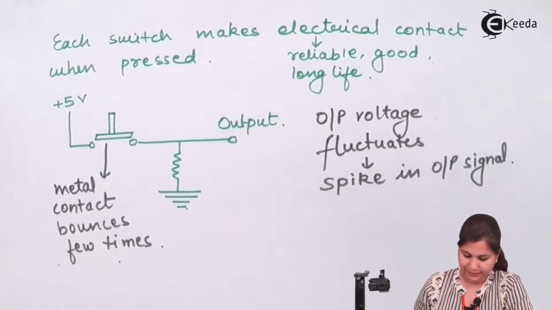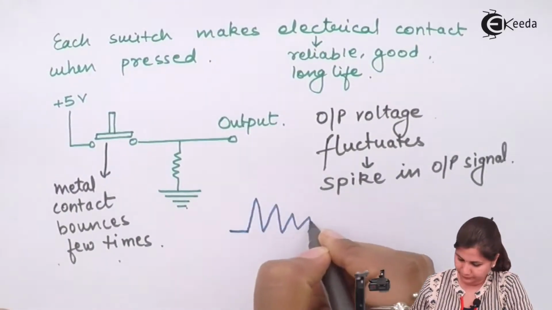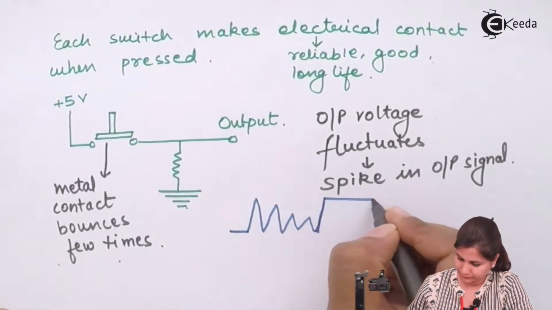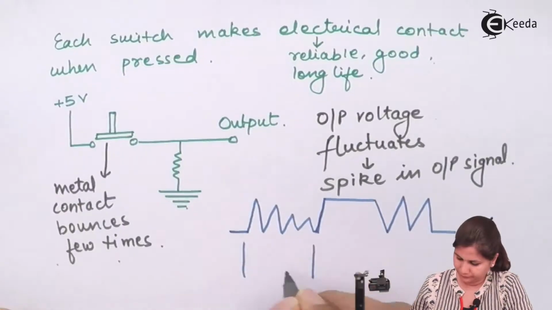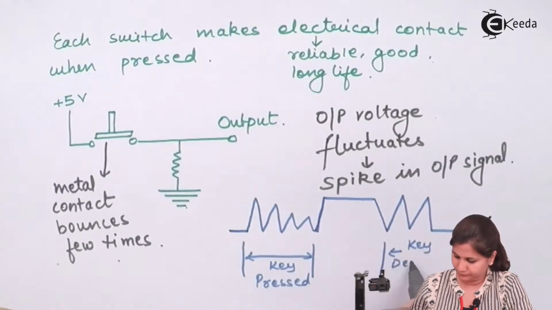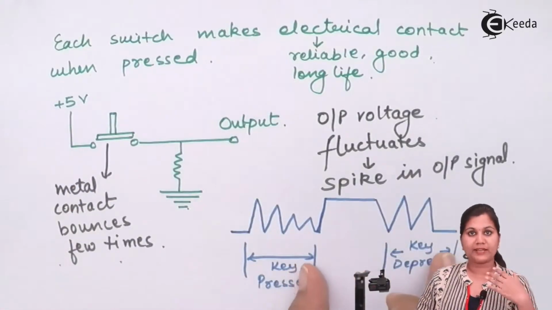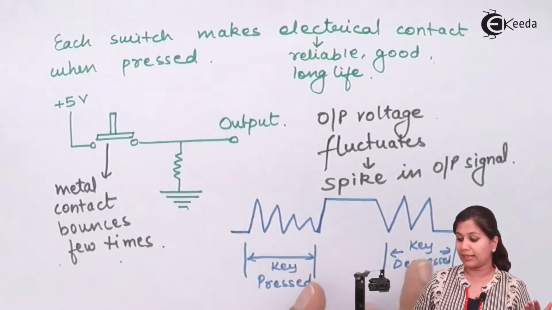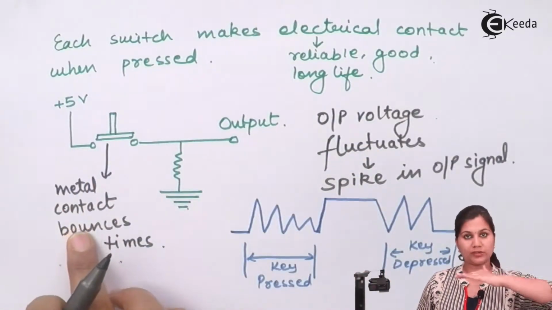And these spikes can be represented as, so the output signal will be in the form of this. There will be spikes in the signal, and these fluctuations are due to this metal contact which is bouncing back.